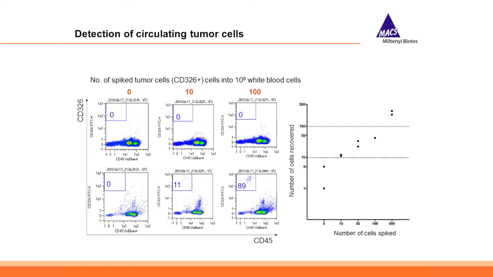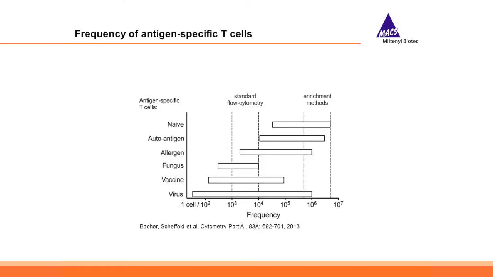Okay, so then another example I would like to show you, and this time a natural example, so not a spiking experiment. When you're working in immunology, for example, vaccine development and so on, you're often interested in the frequency of antigen-specific T cells, and there is the problem that the frequency of these cells is really low.